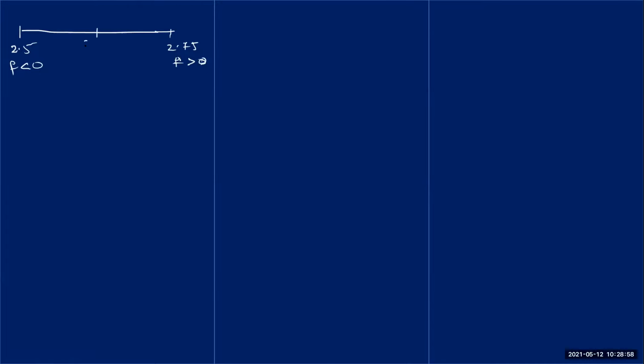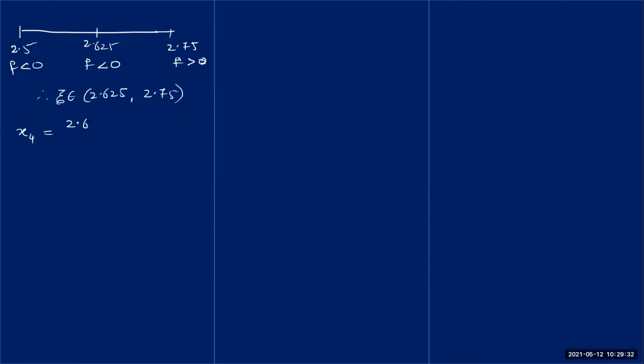And now at the middle point, 2.625, we got this also negative. Since the function values at 2.625 and 2.75 are of opposite signs, we can say the root lies between 2.625 and 2.75.